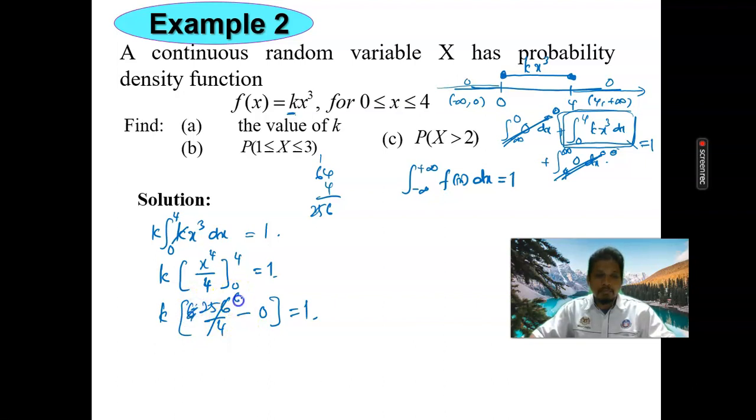Okay, so then k times 64 equal to 1. Then k is 1 over 64.